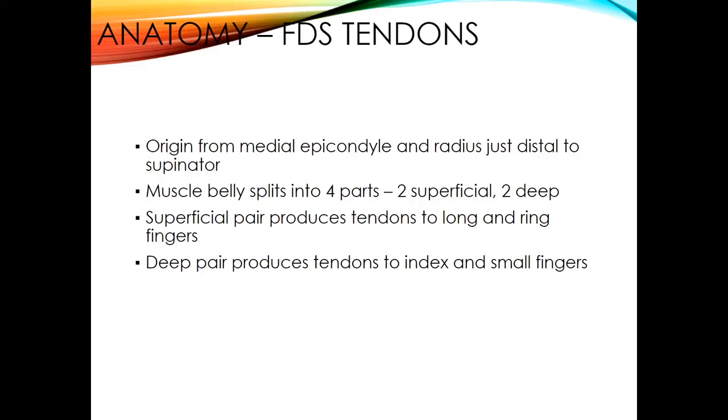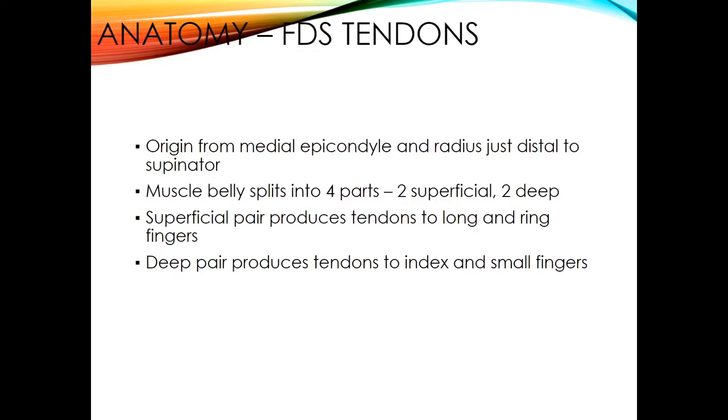The FDS tendons start with flexor digitorum superficialis, a muscle that originates from the medial epicondyle and the proximal radius just distal to the supinator. It splits into four parts, two superficial and two deep. The way to remember which are superficial and deep is to put your index and small fingers on the back side of your middle and ring fingers.